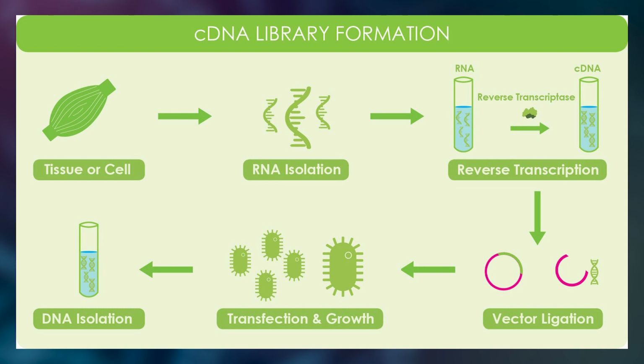Next is storage and maintenance. Once everything is identified and verified, the individual clones are stored as glycerol stocks or as master plates. These preserved clones form the DNA library, which can be accessed and used for various research applications when required.